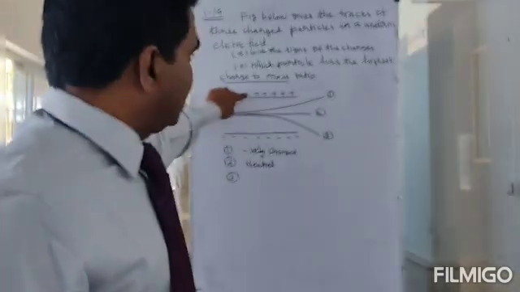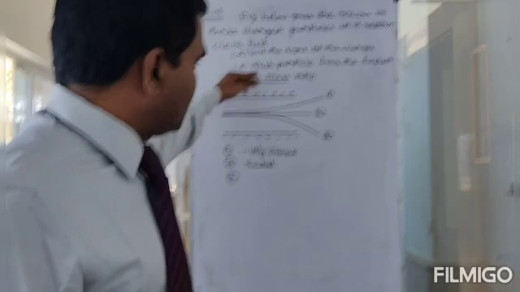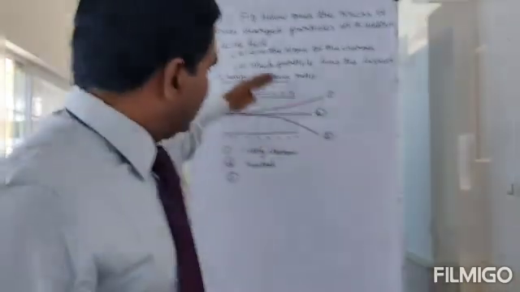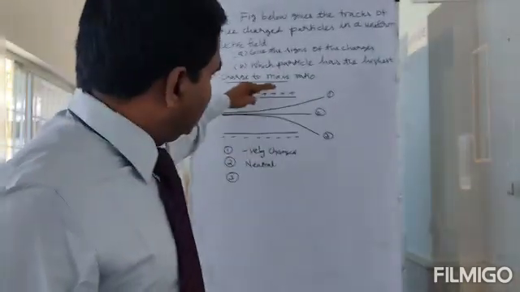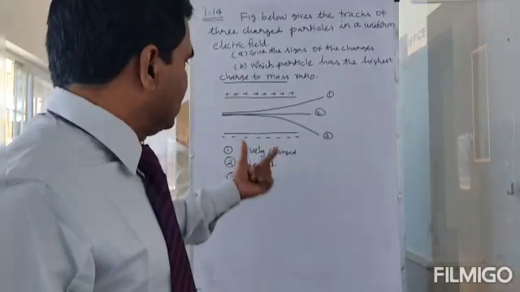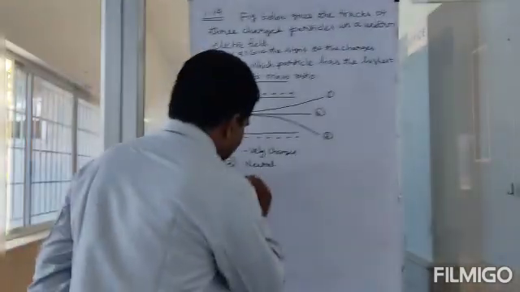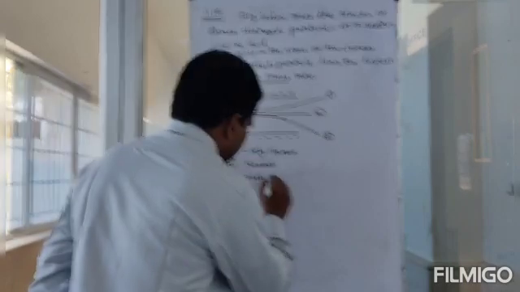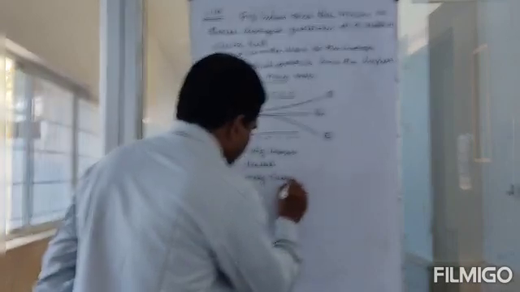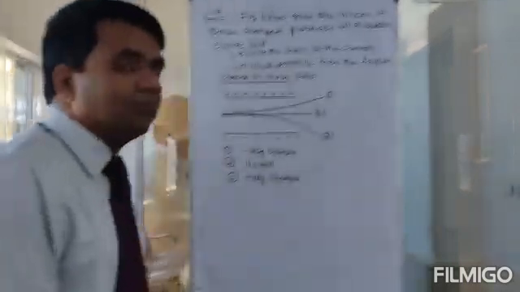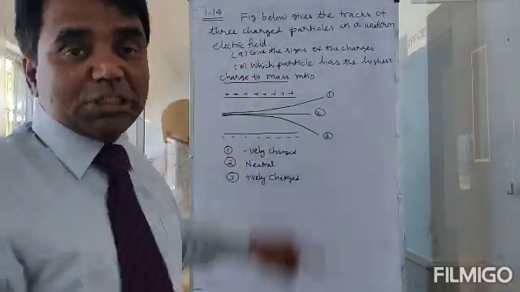The other way of looking at it is that you have positive plates there, so this would push it this way, and this is going to be repelled by the first one and attracted by the second one. So this is how it's going to be. So this must be a positively charged particle. This answers the first part of the question.